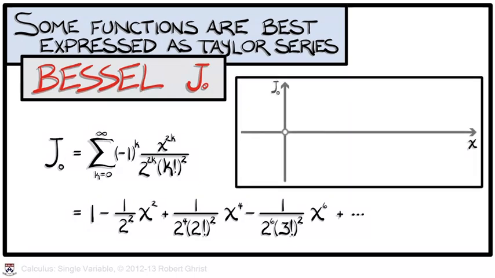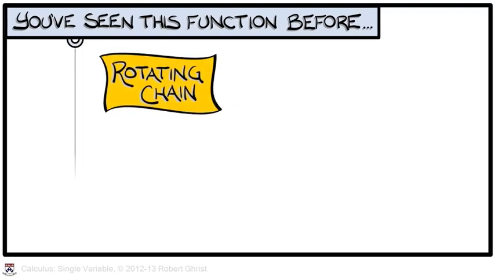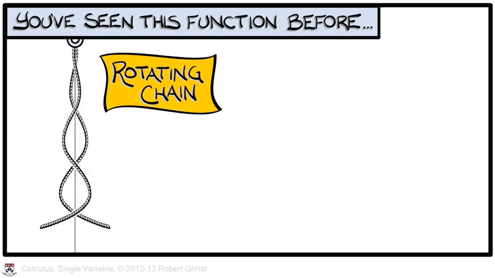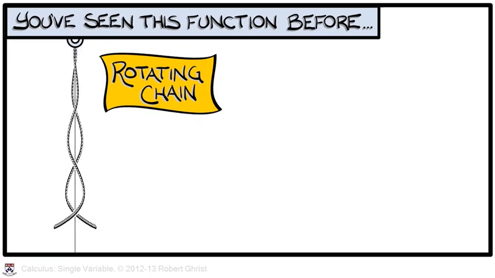We might therefore anticipate that the graph of this function looks something like a cosine wave, but with a decreasing amplitude as a function of x. Have you ever seen such a function before? Maybe you have. If you've ever taken a chain or rope and rotated it about a vertical axis, if it winds up in equilibrium, the shape that you will get is related to this Bessel function.